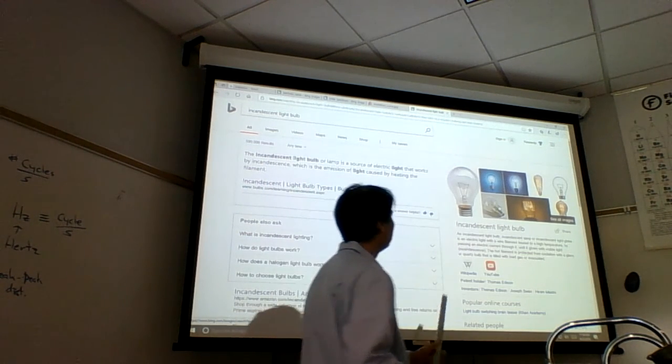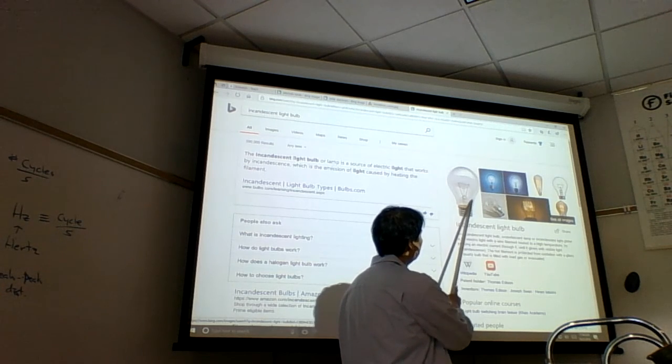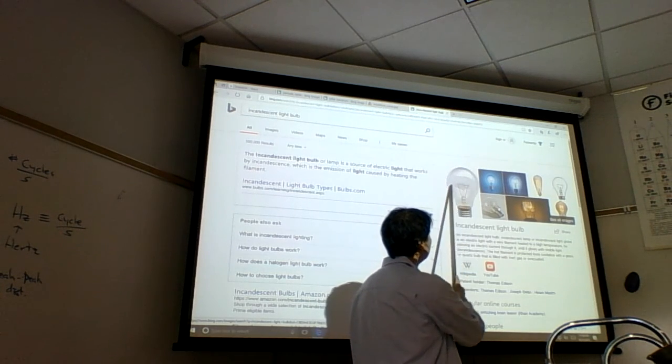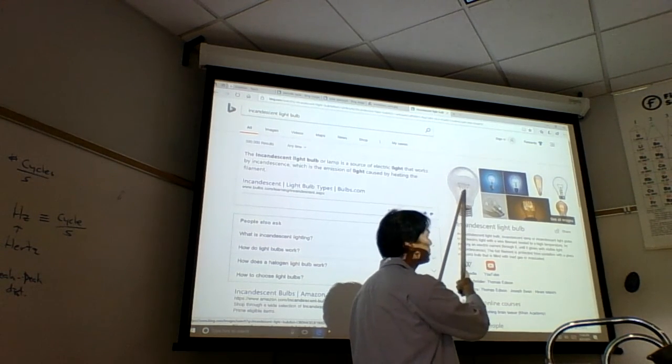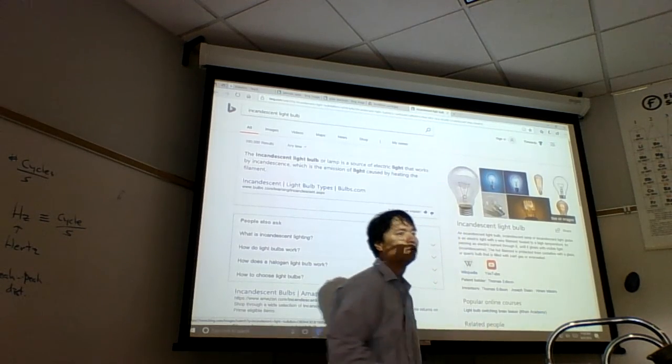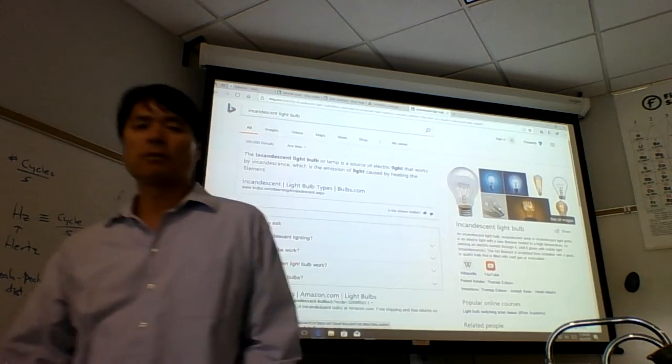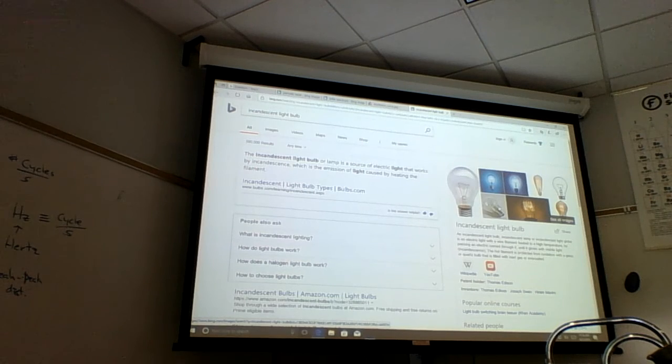They prevent it by filling this glass bulb with inert gas, like nitrogen. There's no oxygen in here. If there's oxygen in here, it'd heat up the metal, oxidize it quite rapidly. But anyway, you just heat up the tungsten until it starts glowing white hot.